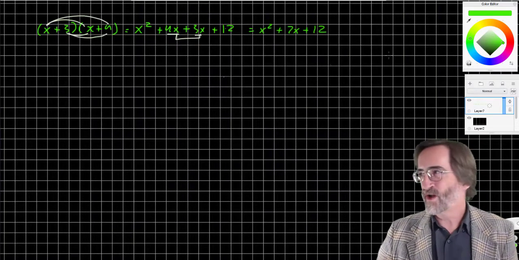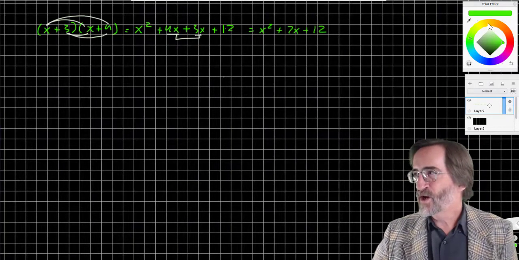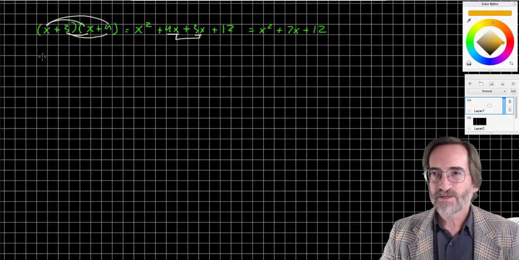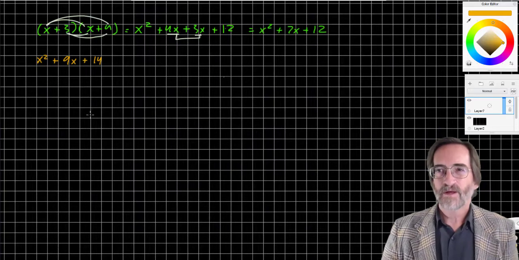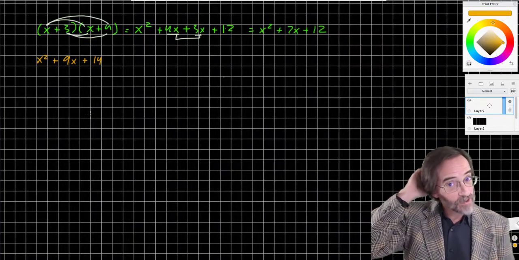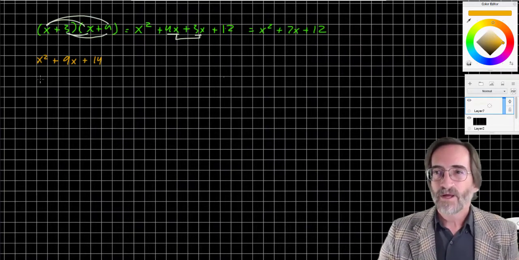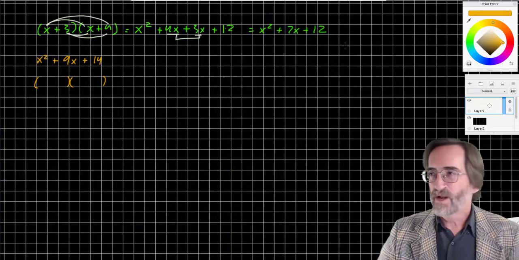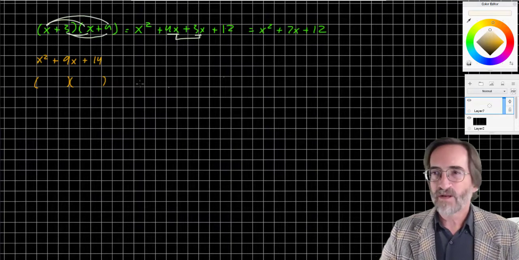So here's the way I think of it. Let's take another example, because we already know how this factors. Let's say I've got x squared plus 9x plus 14. So we've got a trinomial. Here's what I do. I'm going to write two sets of parentheses below it, and I'm going to think of things that multiply to make 14.